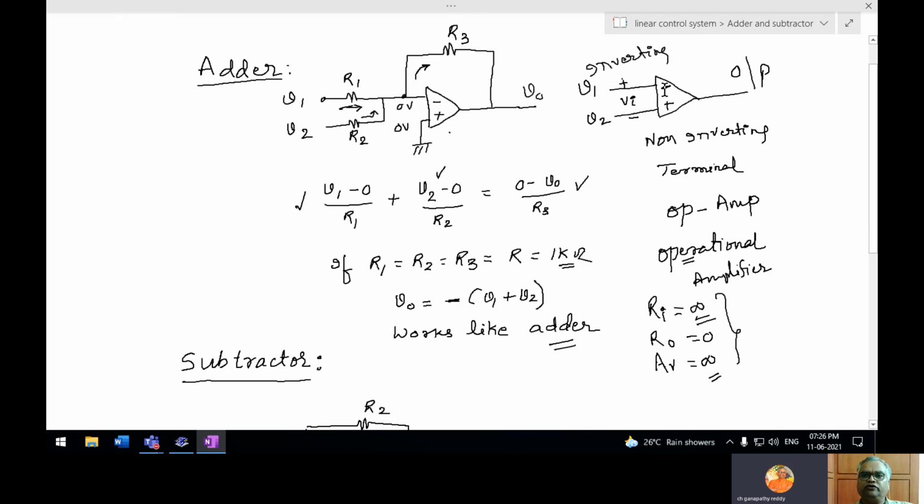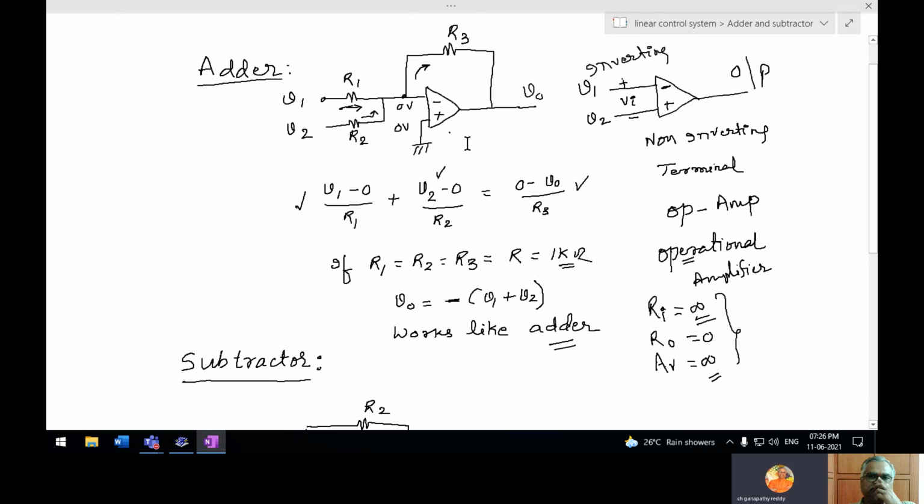If the source is given to negative, it is an inverting amplifier. If the source is given to non-inverting, it is a non-inverting amplifier. Like that, the names will come. Now let us design an adder using op-amp. Positive is connected to ground. Sources are connected to negative only. So it is inverting mode, an inverting amplifier.